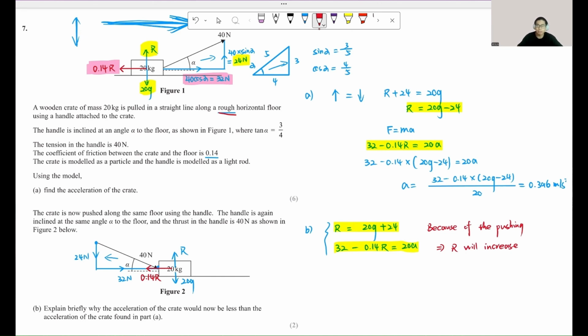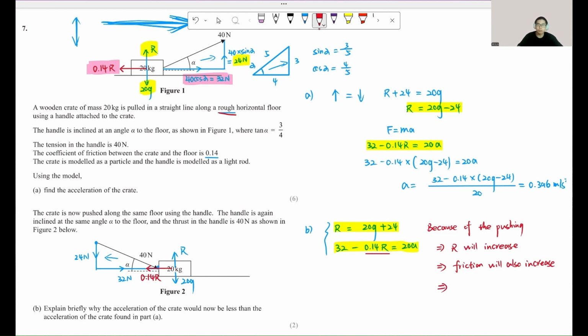It clearly gets bigger. And then R will increase. Well, that means friction will also increase, because friction is equal to mu R. So as long as R gets bigger, then friction will get bigger.